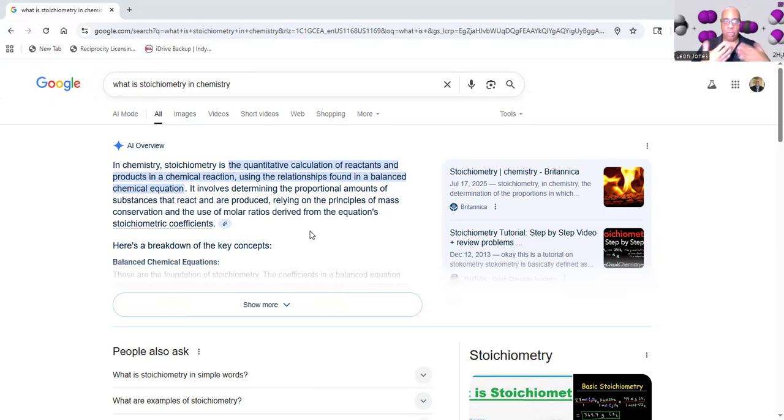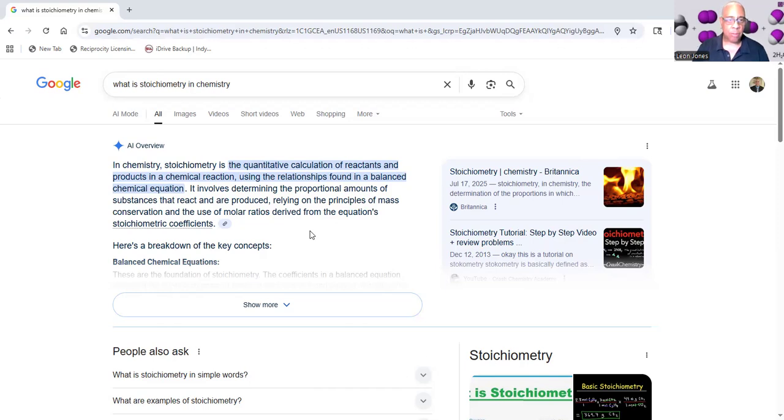Why? Because stoichiometry basically involves determining the proportional amounts of substances that react and are produced, relying on the principles of mass conservation and the use of molar ratios derived from the equation's stoichiometric coefficients.